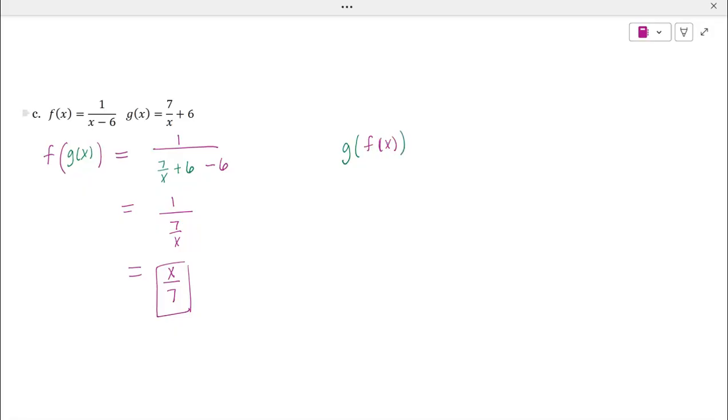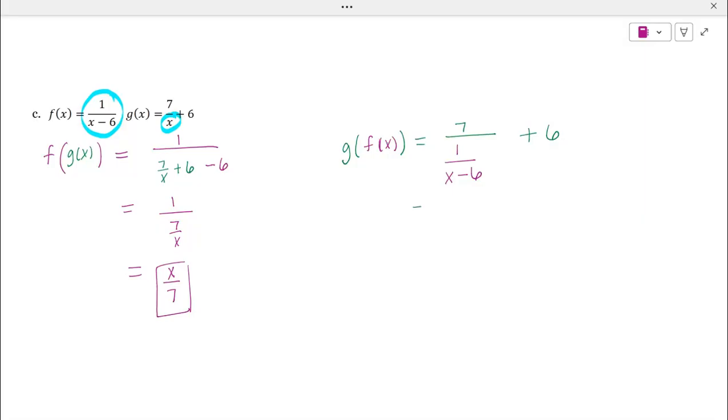So now I'm going to take this whole fraction and plug it in right here. So I will have 7 over 1 over x minus 6, and then we have a plus 6 here on the outside.